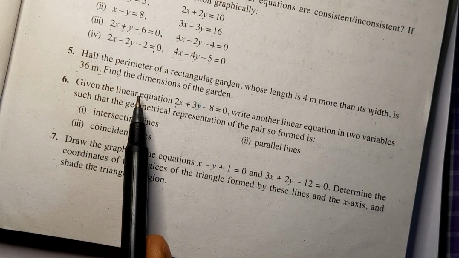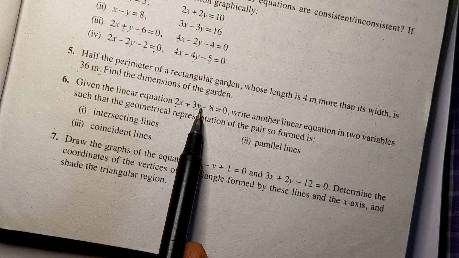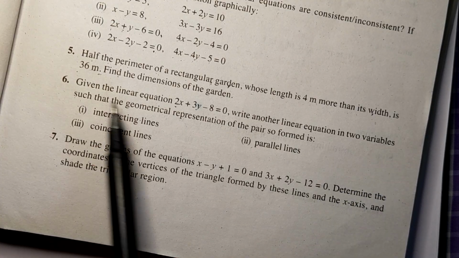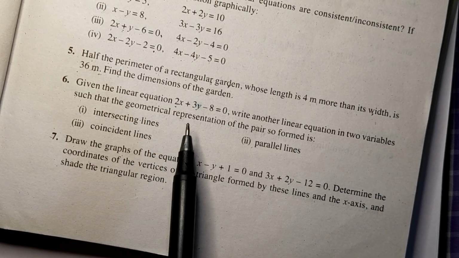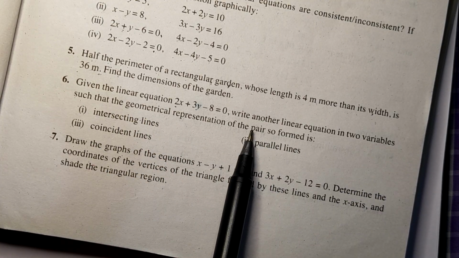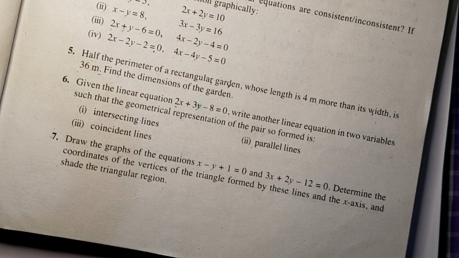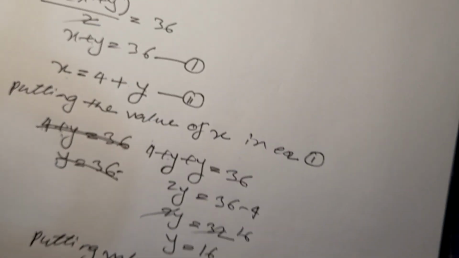Given the linear equation 2x plus 3y minus 8 equal to 0, write another linear equation in two variables such that the geometrical representation of the pair is intersecting lines, parallel lines and coincident lines. The a1, b1 and c1 will be the same for each and every one of the three equations.